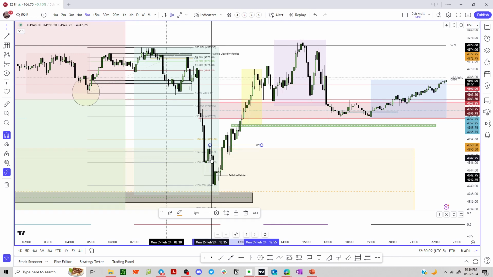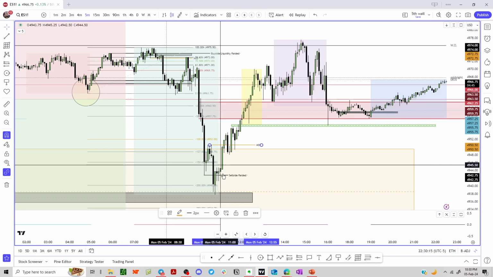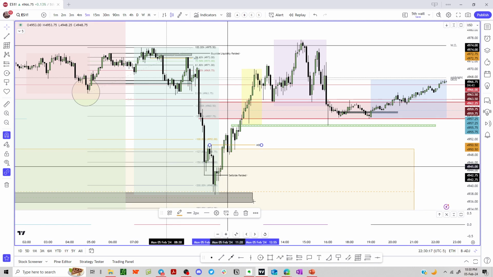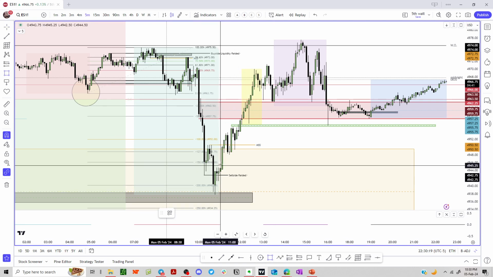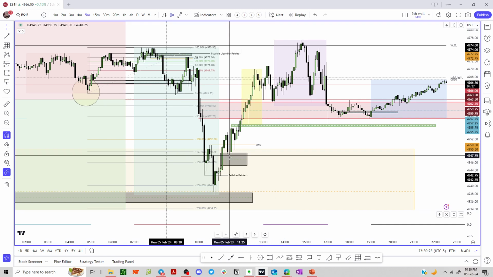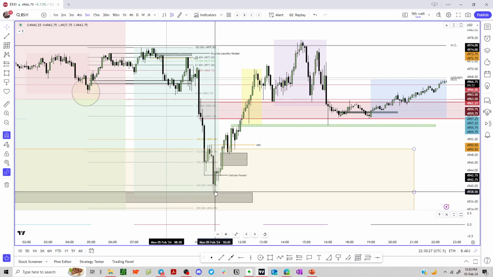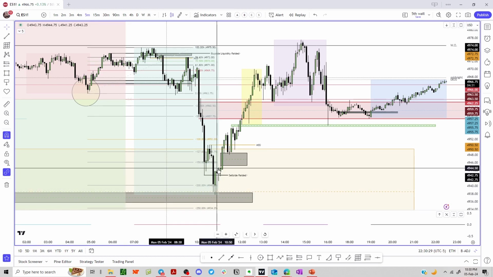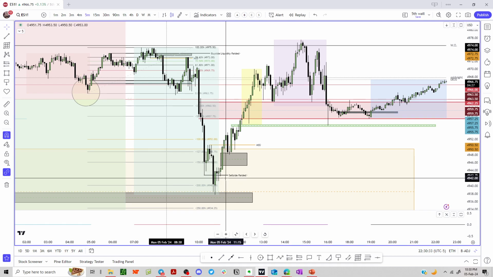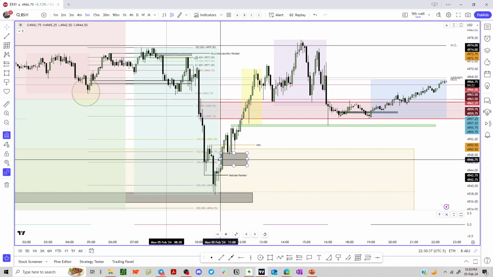So you have this inverted fair value gap. Doesn't look like that would be great, but you have this bullish one here. And you can see price stab down into it. He didn't trust this entry here. And you would get in here without explaining too much.